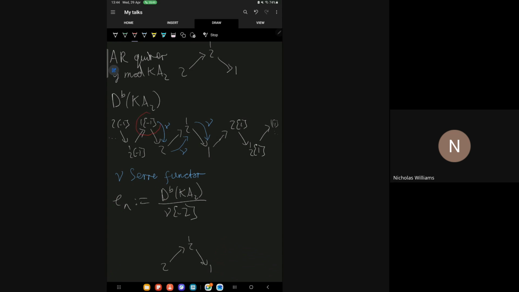Now, if I consider this object 1 shifted by -1, then, for instance, nu inverse sends it to here, and then the second shift is going to send it to here, so that in fact these two objects are in the same orbit.